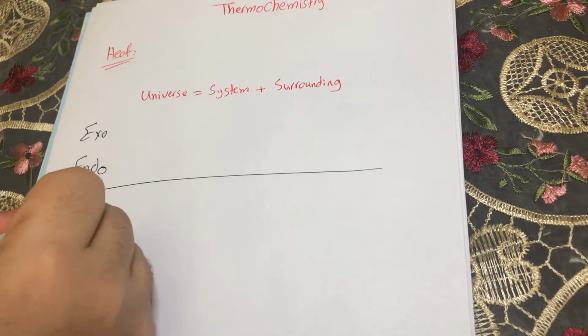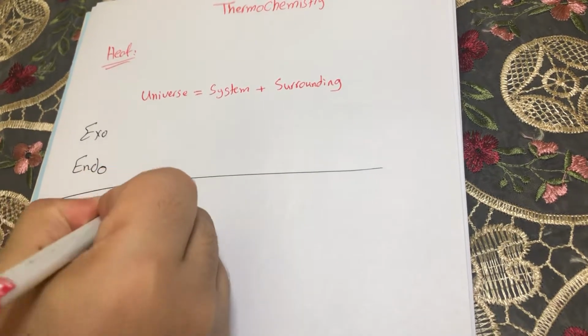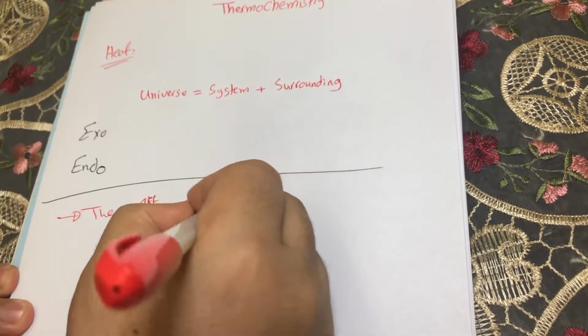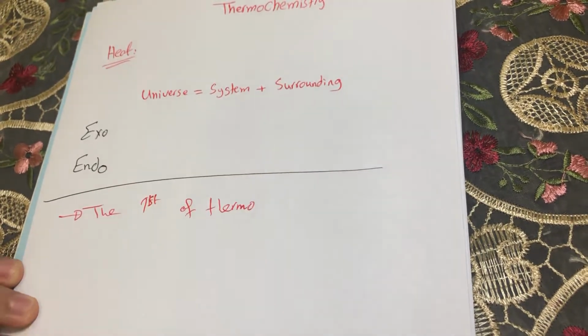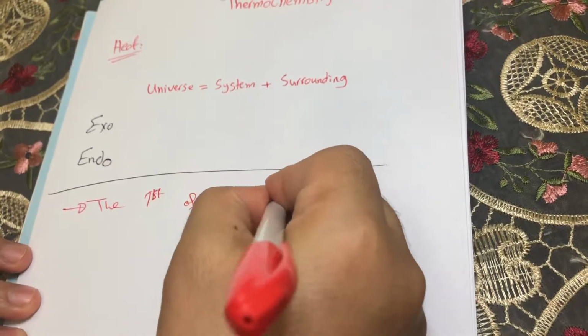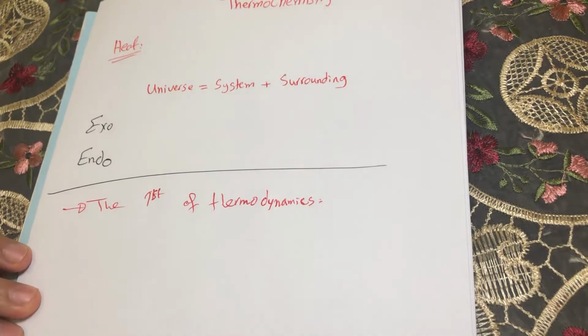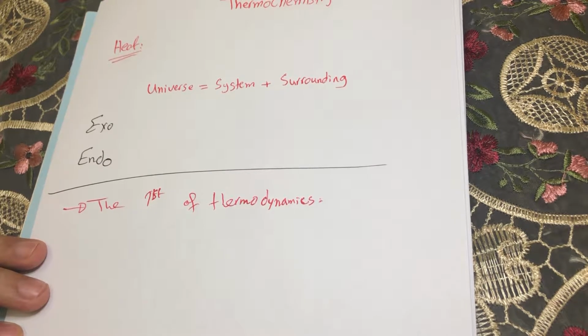Right now, let's talk about the first law of thermodynamics. The first law of thermodynamics, which is based on the law of conservation of energy, states that energy can be converted from one form to another but cannot be created or destroyed.